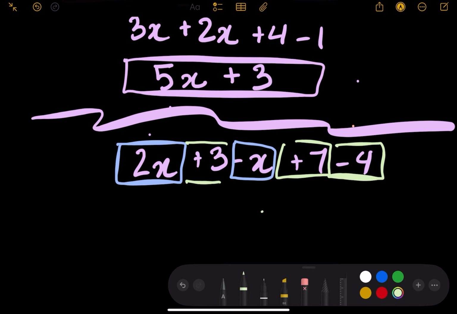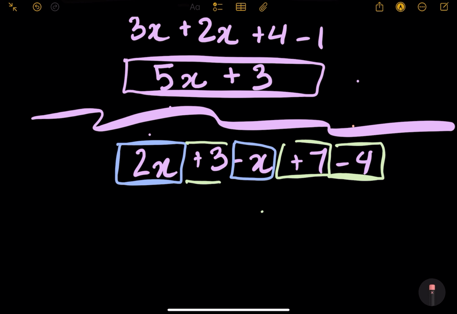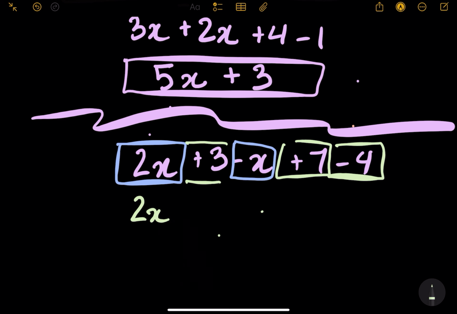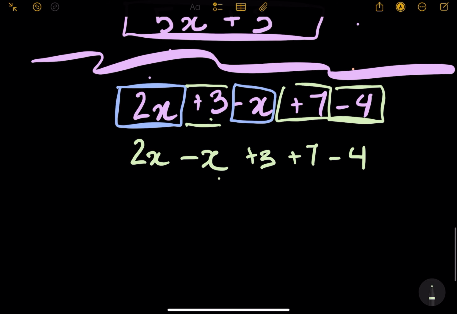Okay, so now coming back to here, let's put the 2x next to each other. So 2x minus x plus 3, then the 7, so plus 7 minus 4. Now we do the order of operations, PEMDAS. Because they're all addition and subtraction, we're just going to go 2x minus x, which gives us 1x.